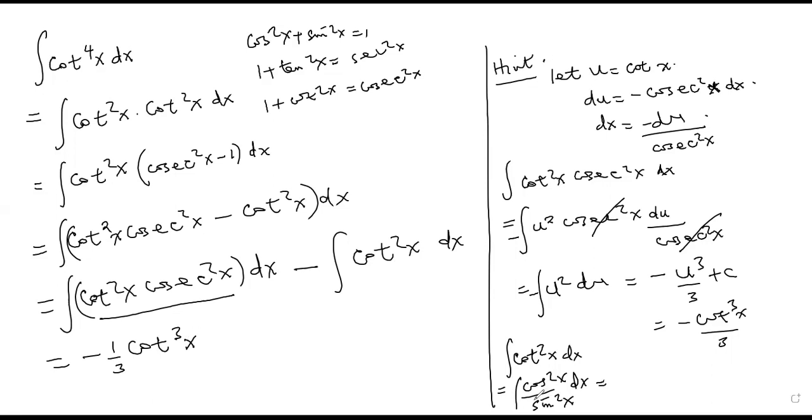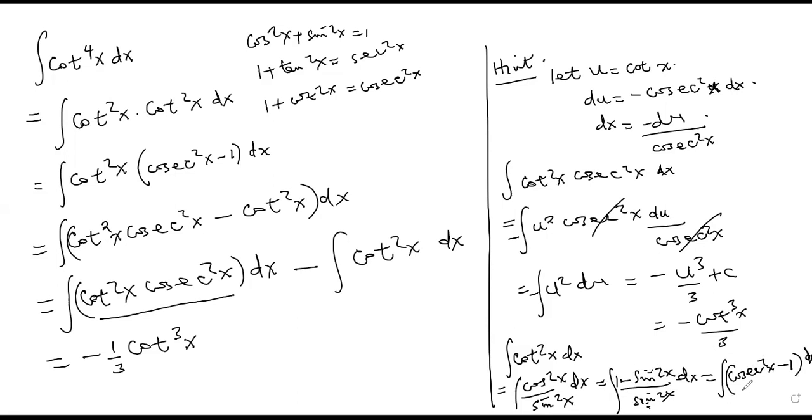But cos squared x is the same as 1 minus sine squared x, over everything sine squared x, integral. We start dividing 1 over this minus this over this. So it is going to be 1 over sine squared x, which is cosec squared x, then minus sine squared over sine squared, that is 1, dx everything.